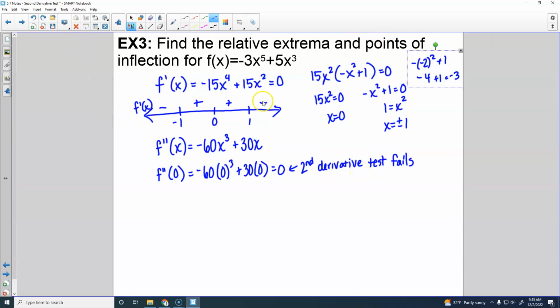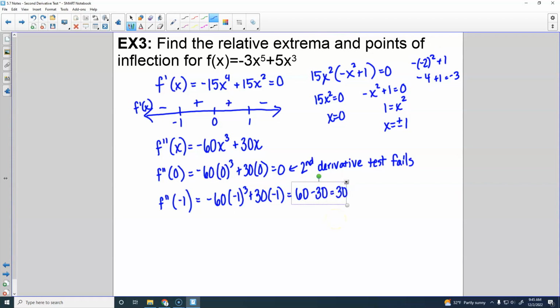And while you're doing this, since you're already doing the first derivative test, you might as well go ahead and find the other ones also. But if you wanted, you could still use the second derivative test for -1, I believe, because you'd have -60 times -1 cubed plus 30 times -1, which is going to give you positive 60 minus 30, which will give you 30.